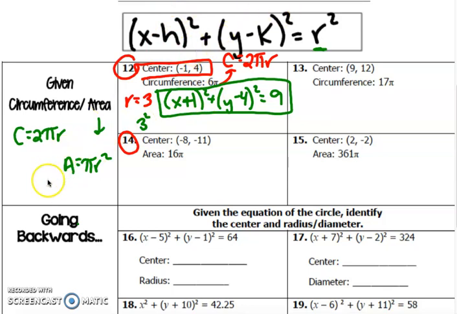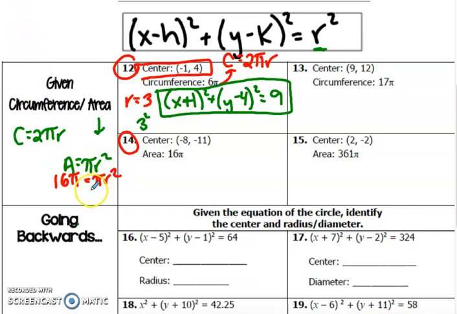I'm going to do my work to the side so I don't have to erase it this time. So my area is 16 pi. I'm going to plug in that formula. If the area is 16 pi, I'm going to substitute that in on the left side where my area formula is, equals pi r squared.